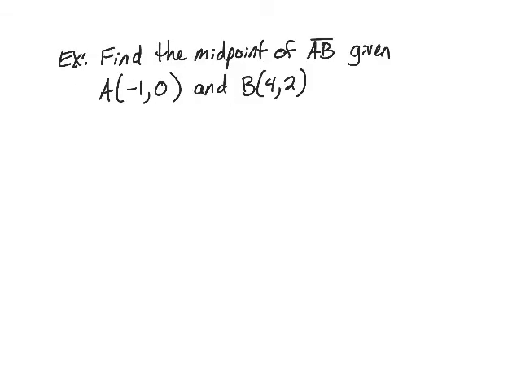Okay, here's a standard example. Find the midpoint of segment AB, see there's our symbol up there, given that A is at -1, 0, and B is at 4, 2. Now you don't have to draw a sketch when you're doing the problem, but I'm going to just do a little sketch here to help you visualize what we're doing. -1, 0 would be about right there on the x-axis. 4, 2 could be about there.